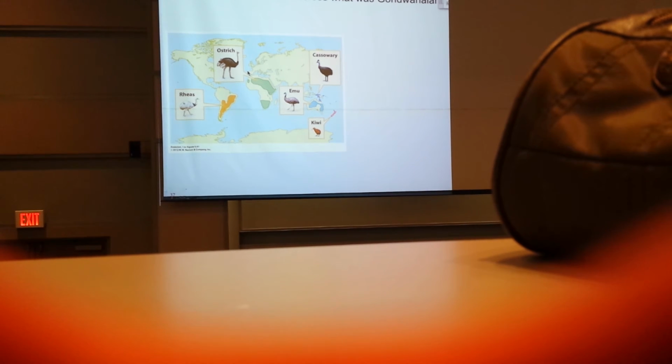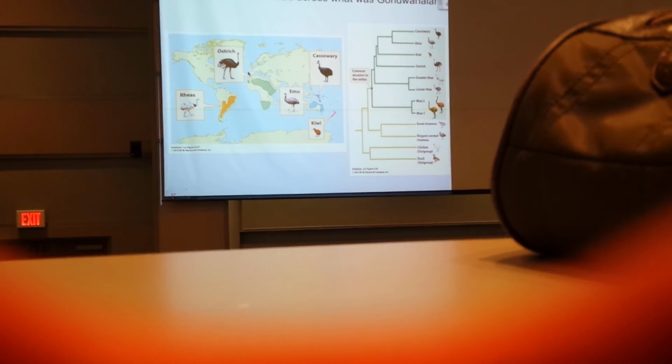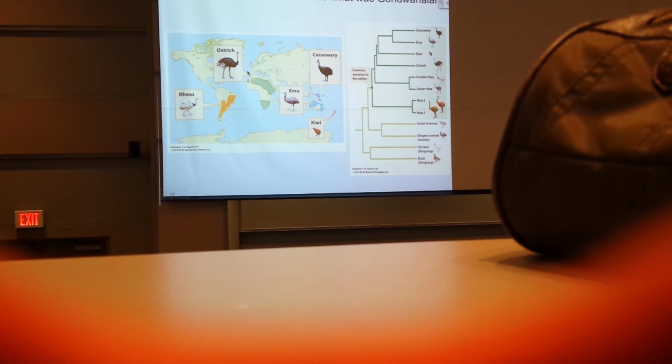And they're flightless, right? So they don't cross water very well. And it turns out that their phylogeny reflects the way that Gondwanaland broke up. So if we look here, the emu and the cassowary are sister taxa, which suggests that New Guinea and Australia most recently split.